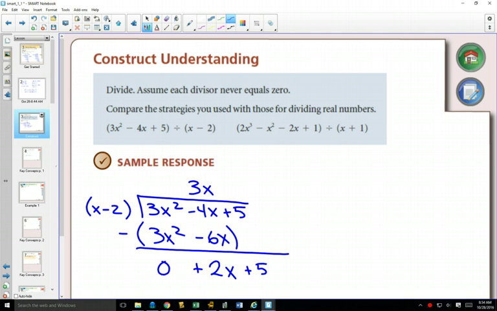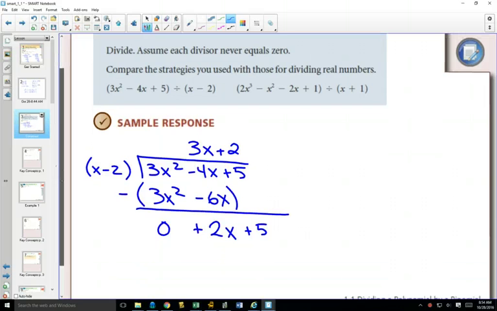Now, we start the process again. Now what's our biggest number? The 2x. Could we multiply x minus 2 by something to get a 2x? 2. Where are we going to write that? Above our constants. And 2 times x minus 2 is 2x minus 4.